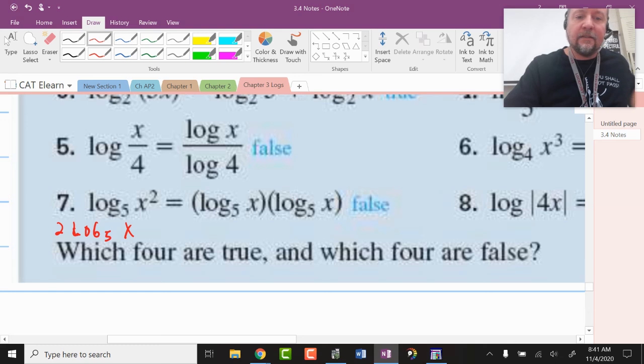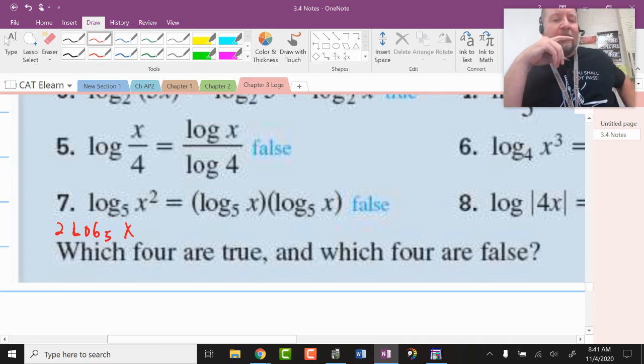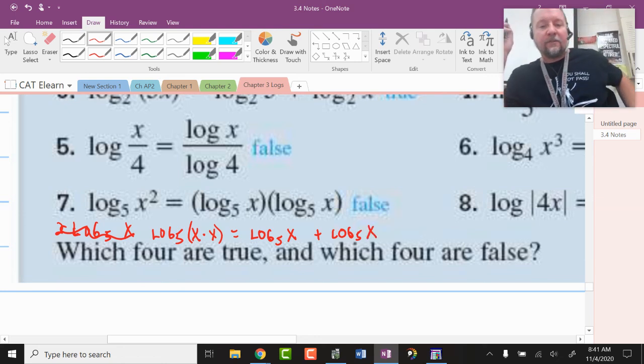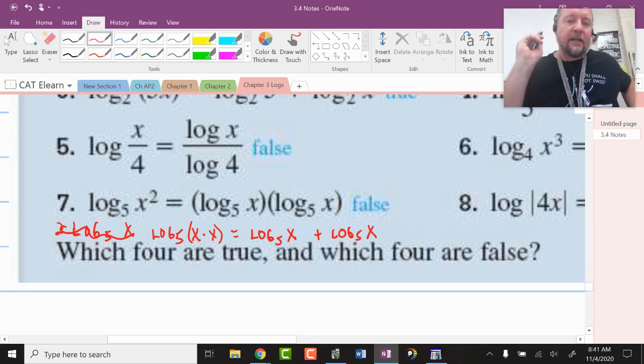And then you might think that's what that equals. No. I don't know what else you could do with this. I guess you could make this in your head log base 5 of x times x, because that's what x squared is equal to. But then that equals log base 5 of x plus log base 5 of x using the product rule equals a sum of two logarithms. So that is not true as well.